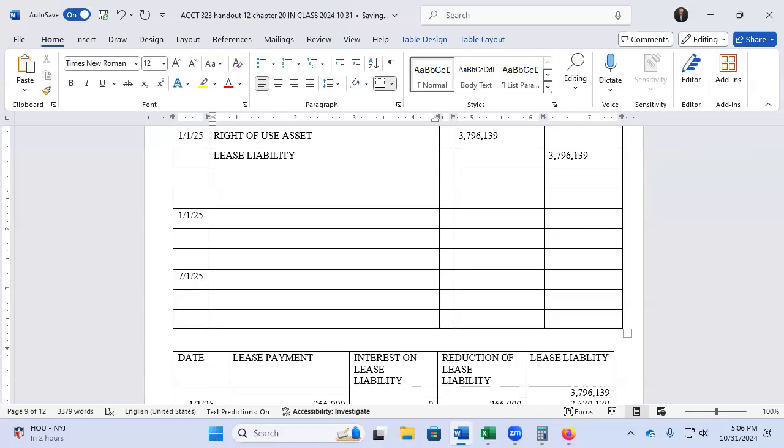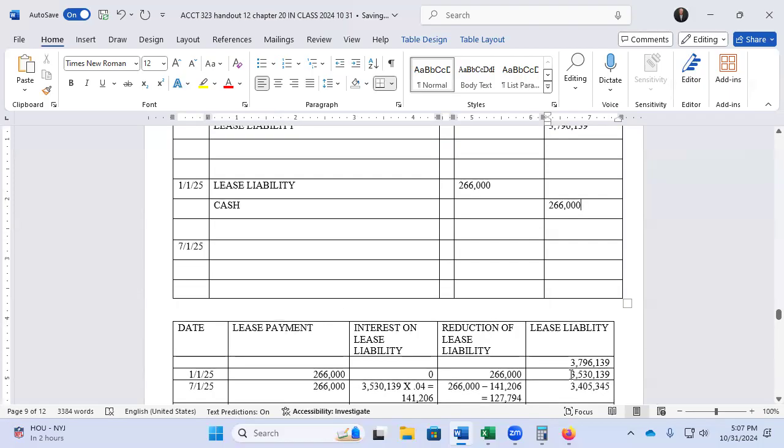And then our next entry is to record that payment, lease liability, for 266,000, sorry. And then we make the payment of cash, 266,000.